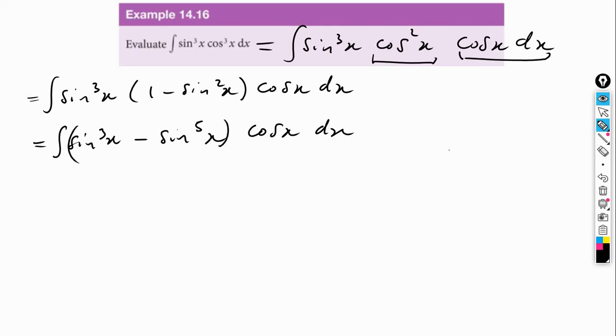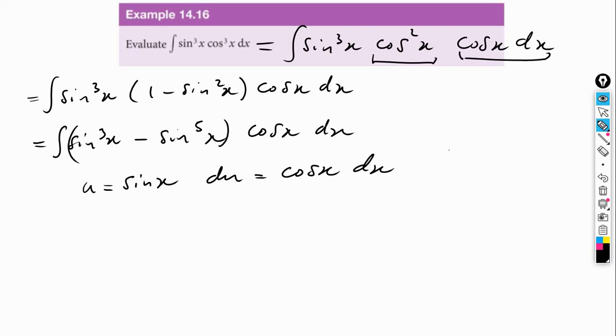So now we can do a simple u substitution, because then we can say, well, let's make u simply equal to sine of x, and derivative of u is going to equal cosine of x dx. So we have everything we need to substitute.